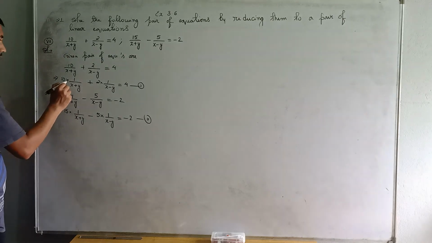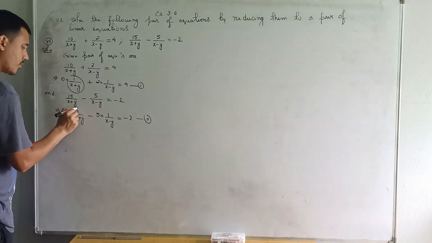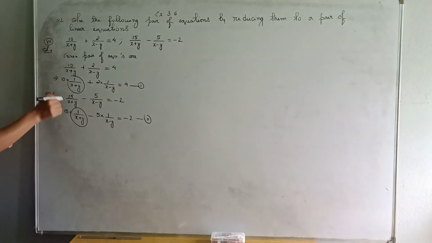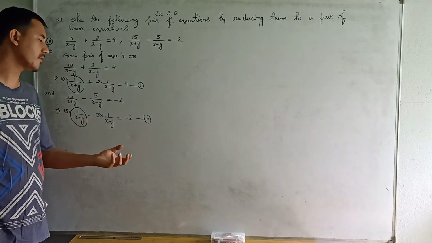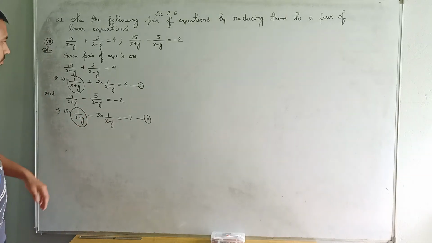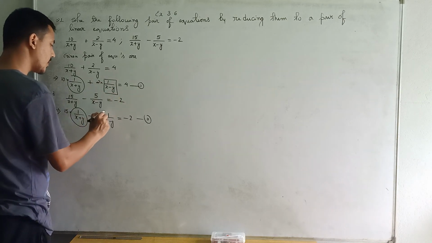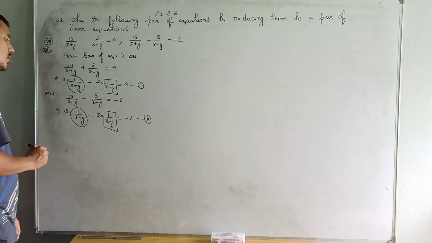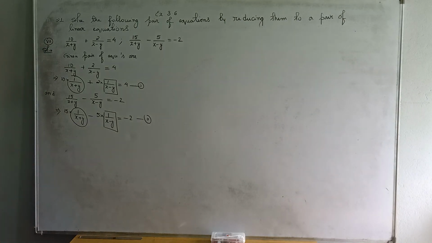Now see, we have 1 upon x plus y in the other equation also. So 1 upon x plus y can be replaced by another variable which is linear, say u. 1 upon x minus y over here, 1 by x minus y over here again. So 1 upon x minus y can be replaced by any other variable which will be linear.